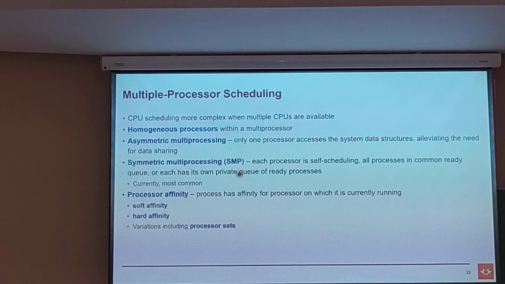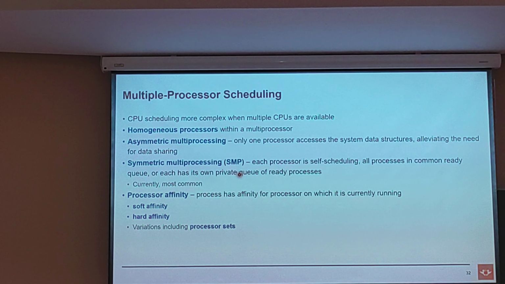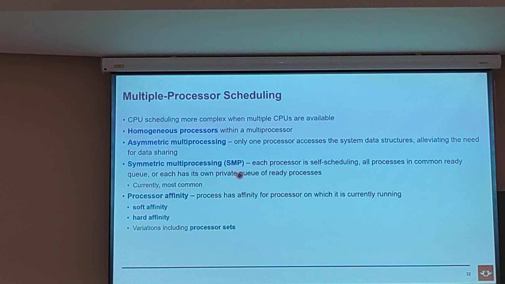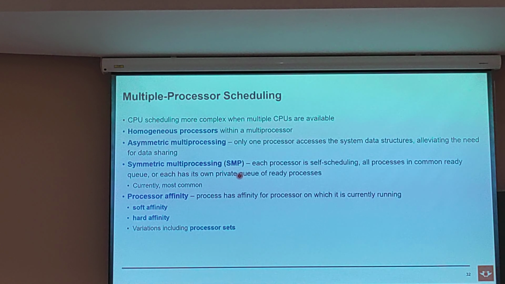How does the scheduler pick a process, and how do they decide which processor it can run on? It's not just giving it and saying, okay, you can run. There's also a decision on which processor, or which core, it must run on.